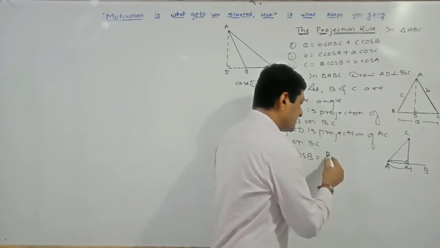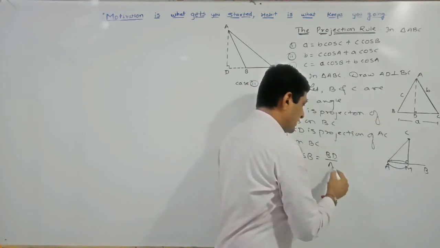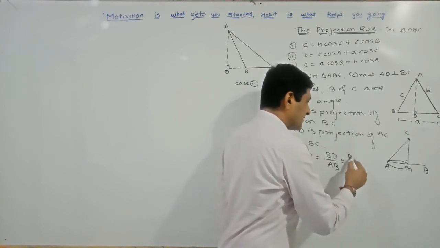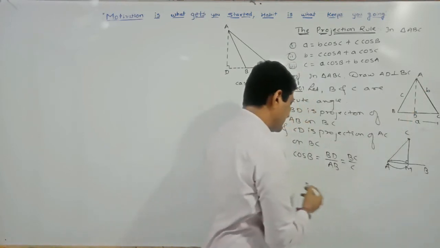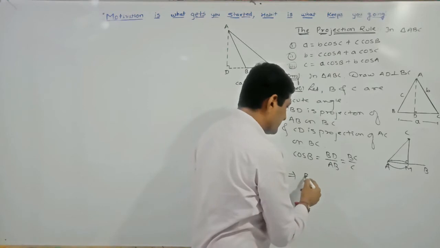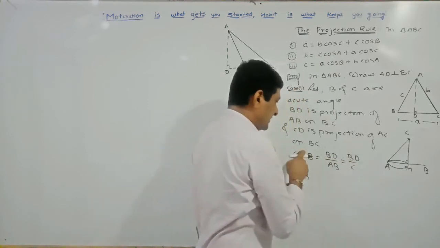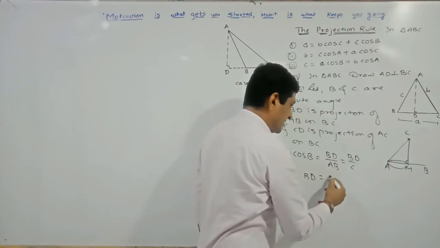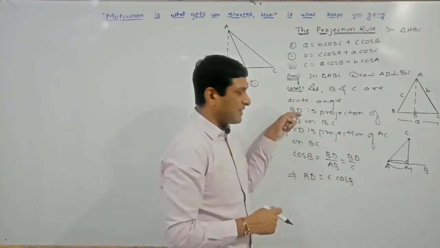Means what we will get here? BD upon AB. What is the value of AB? The length of AB we have denoted by c. So BD will be equal to c cos B. In this way we have got the value of BD.